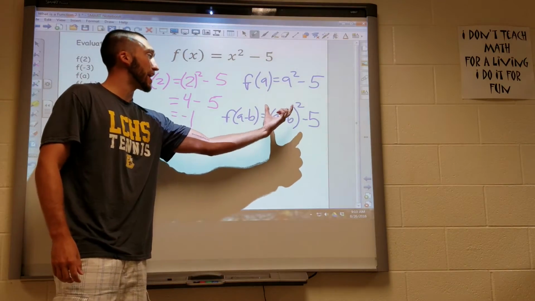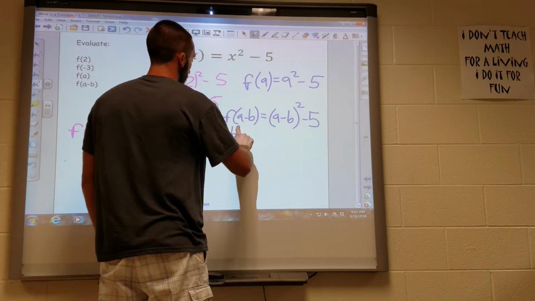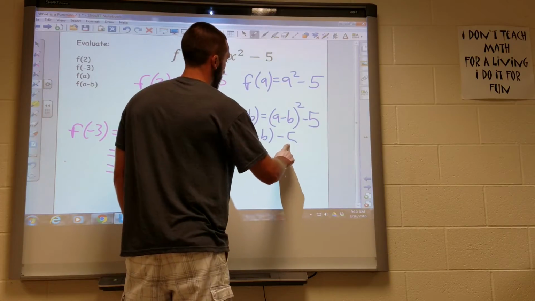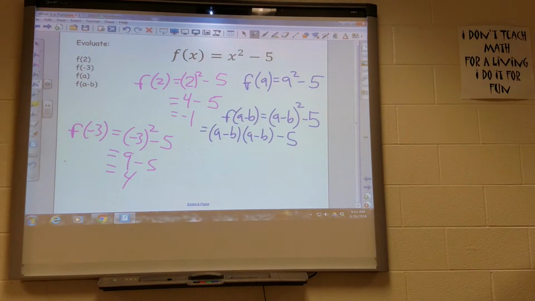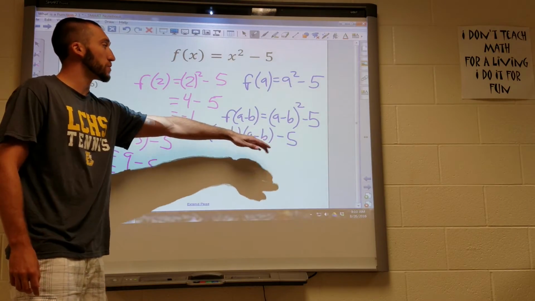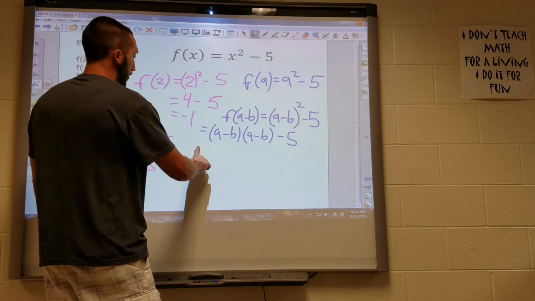So when I have a minus b squared, what that actually means is I have to take a minus b and multiply it by a minus b, and then carry down the minus 5. So now to figure out what a minus b times a minus b is, or a minus b squared, I have to distribute, or FOIL.